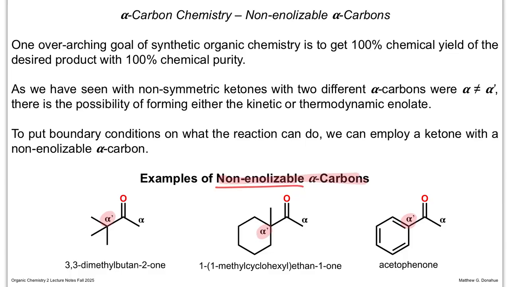And when you look at them, you'll see that there's no CHs there. We have 2 examples that are sp3 hybridized carbons and one where it's in a ring. So really what that is doing is forcing the reactivity just to that alpha carbon, which subsequently reduces the number of enolates that can be generated.